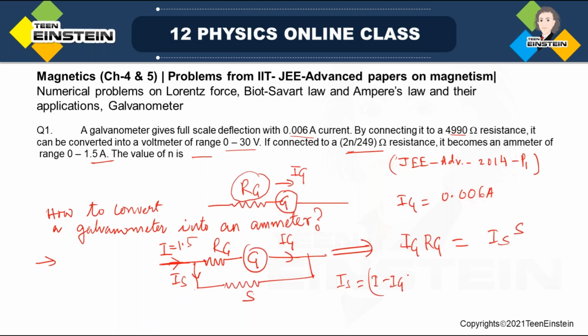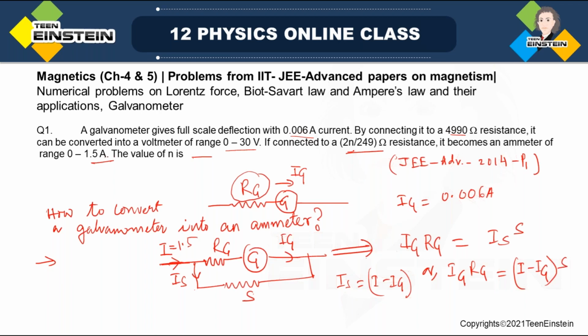Since Ig is known, Ig and Rg both are known. Is is not known. I am writing it in terms of known quantity because I is the total current which is divided into both Ig and Is. So Is will be I minus Ig into S.